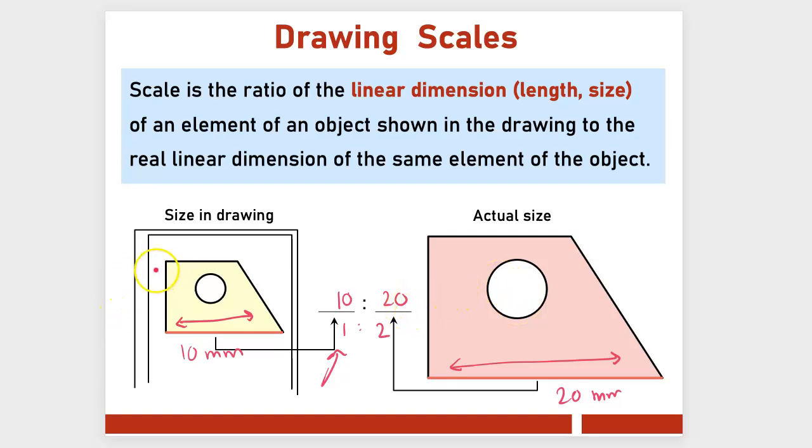Based on this scale, I can figure out the actual size. If this is 5 millimeters, the actual size is going to be 2 times the size in drawing, so this is going to be 10 millimeters. So this is the function of scale.